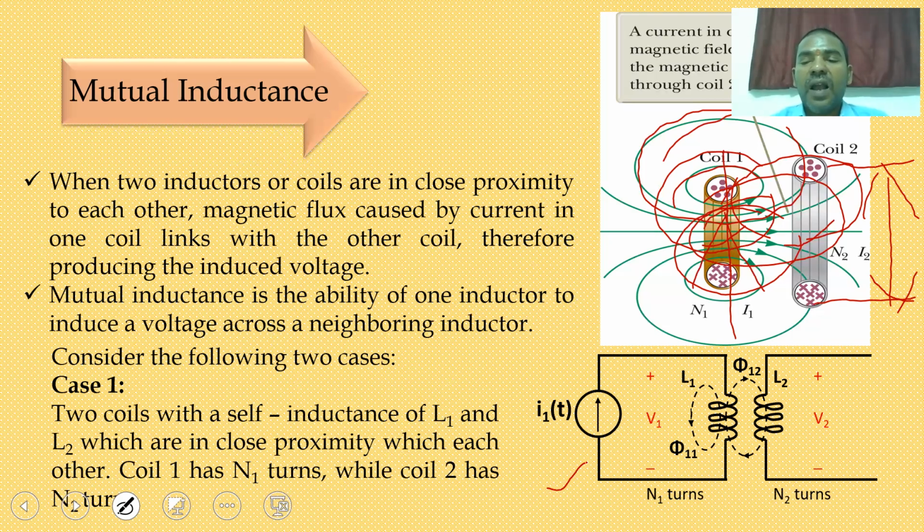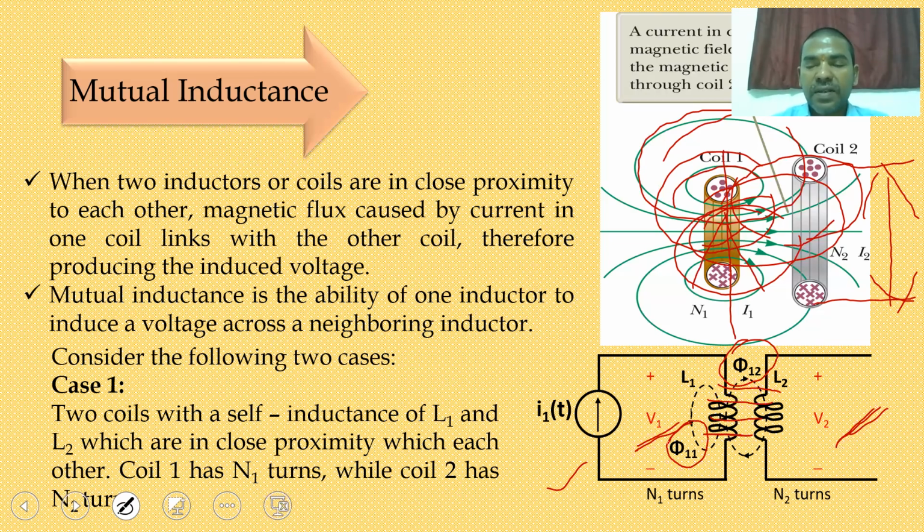Due to that, an induced EMF is generated in the first coil, and also the flux produced by the first coil cuts the second coil, and an induced EMF V2 is generated in the second coil. The flux cut by the second coil is phi 12, and phi 11 is the flux produced by the first coil.